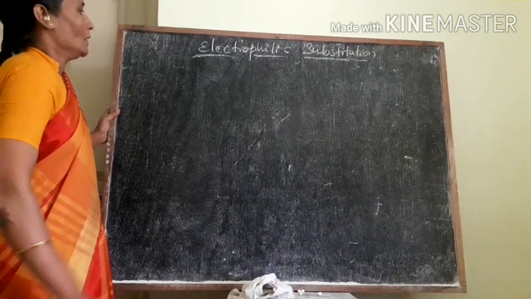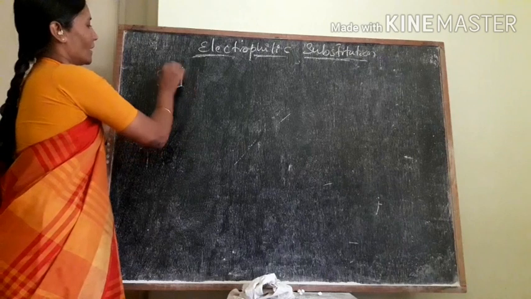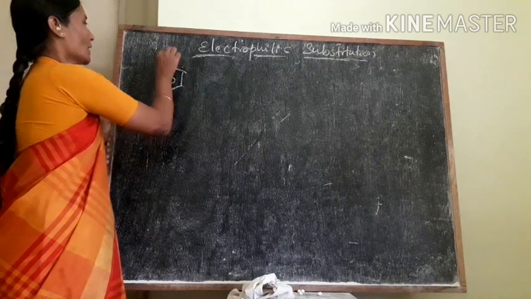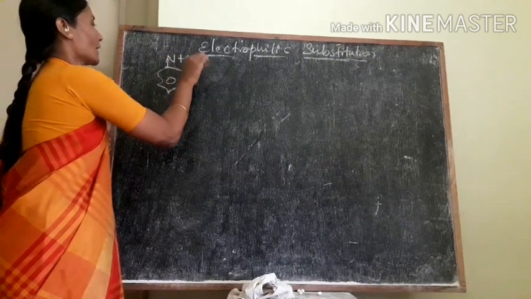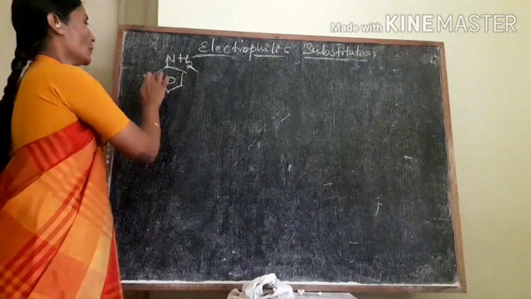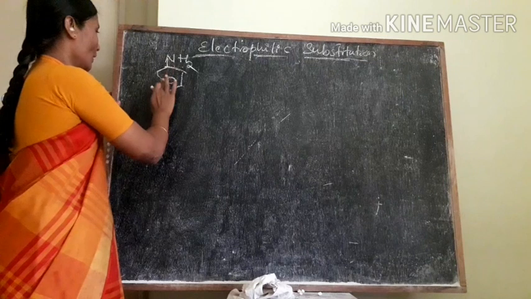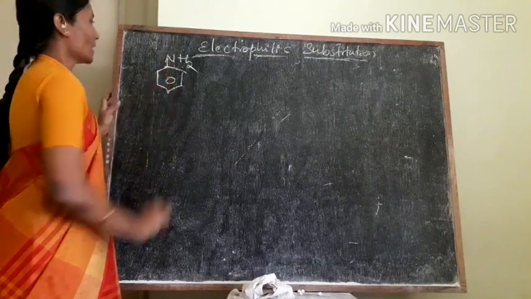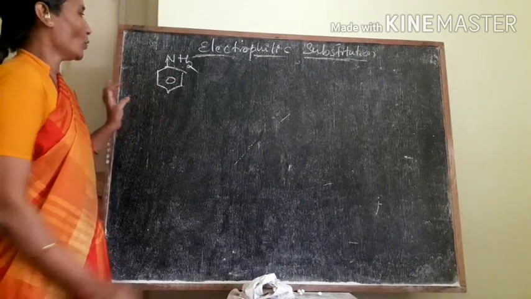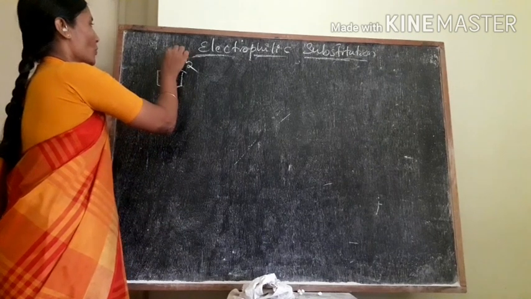Aniline or aromatic amines are highly reactive, and ortho and para positions get substituted, if we want only mono-substituted derivatives. Only mono-substituted derivatives. Then what happens?